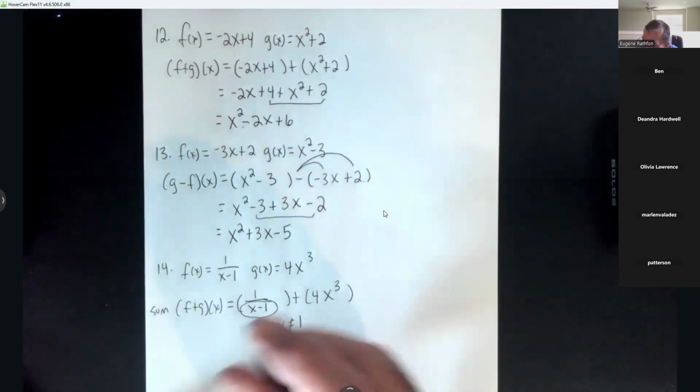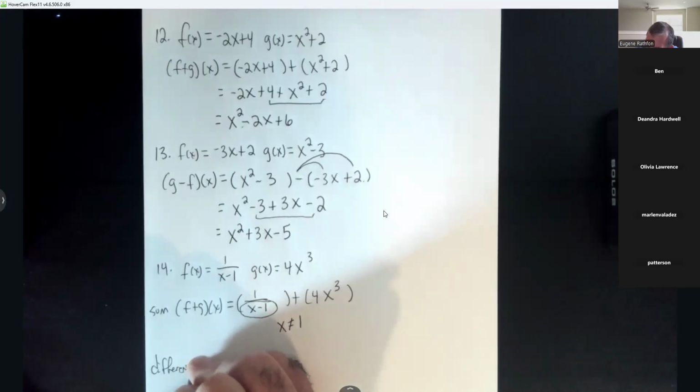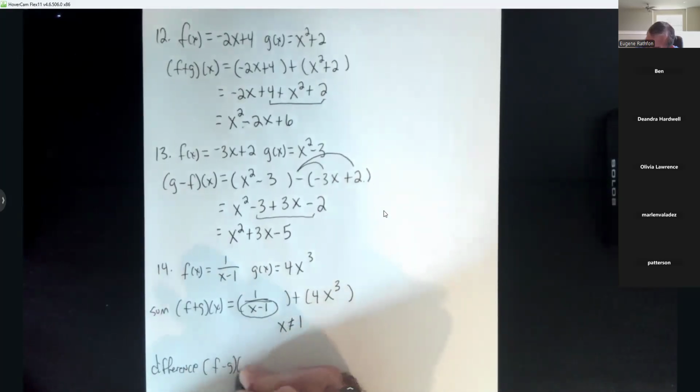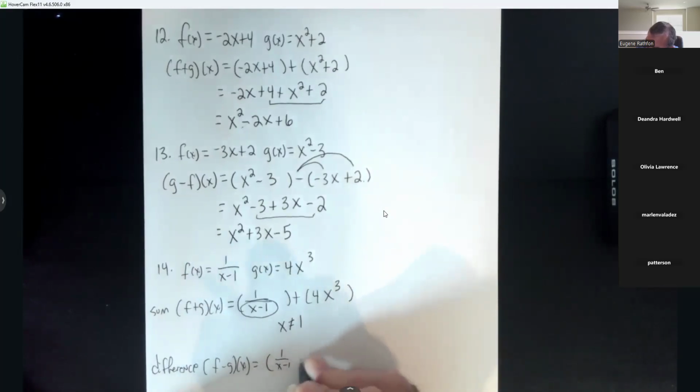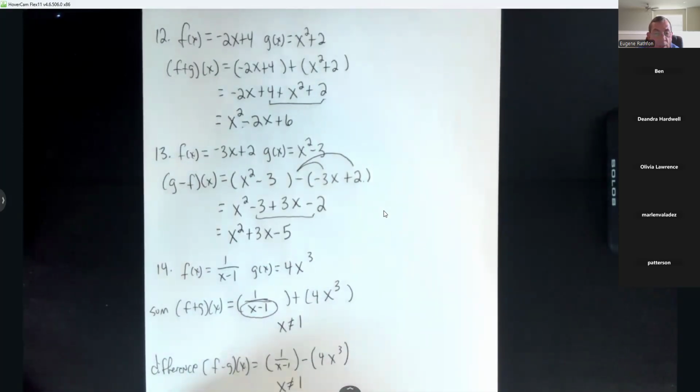And y'all, it's going to do the same thing for subtraction. Because the difference will be f minus g of x. That'll equal your f, 1 over x minus 1, minus your g, 4x cubed. You still got the same fraction. So x cannot equal 1.